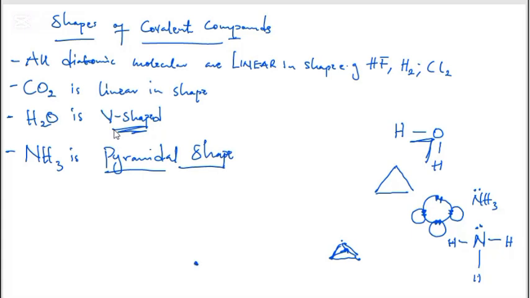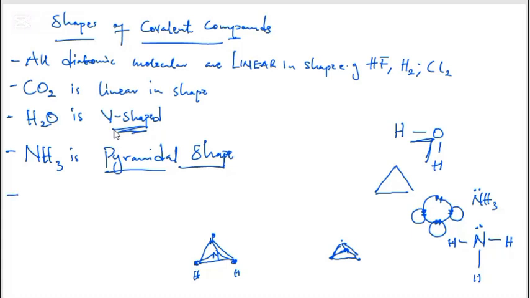We have 3 points: this is hydrogen, this is hydrogen, and this is hydrogen, with nitrogen at the center. Pyramidal is these 3 connecting like this, and this is how a pyramid looks.